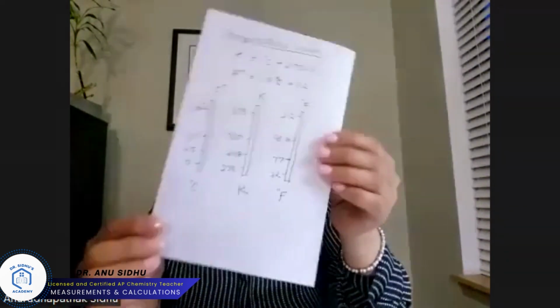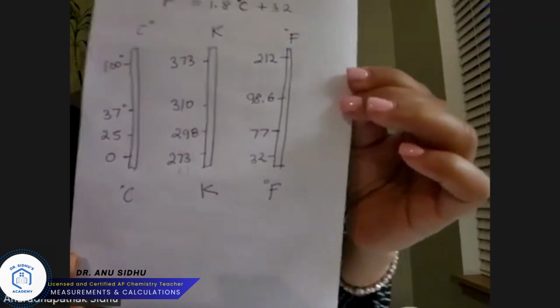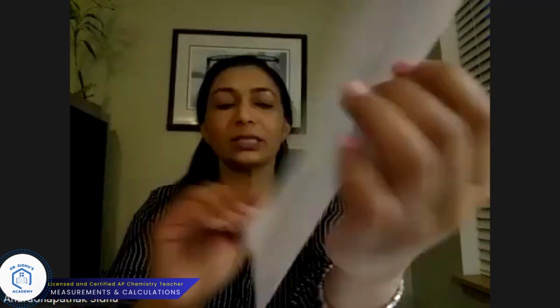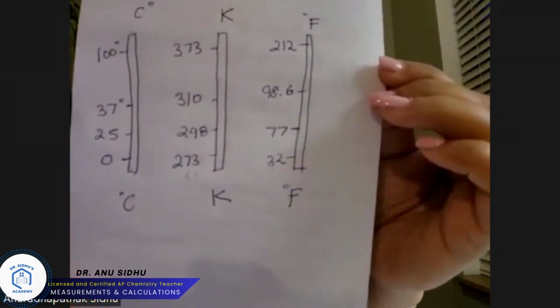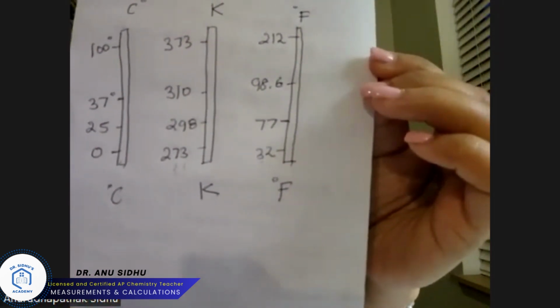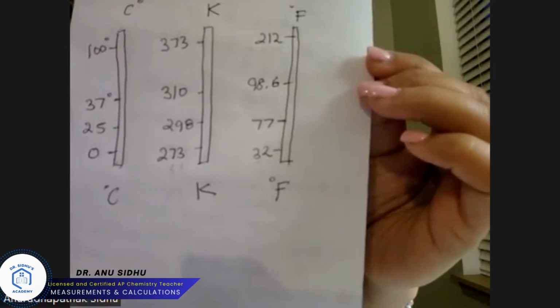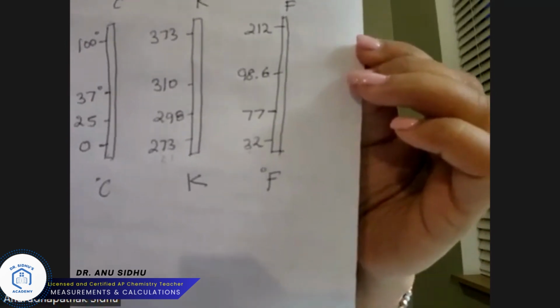Look how beautifully I have drawn these 3 scales here on this paper. So on the left-hand side, there is a temperature scale that is Celsius. Then in the middle, that is Kelvin. And on the far right side, that is Fahrenheit.